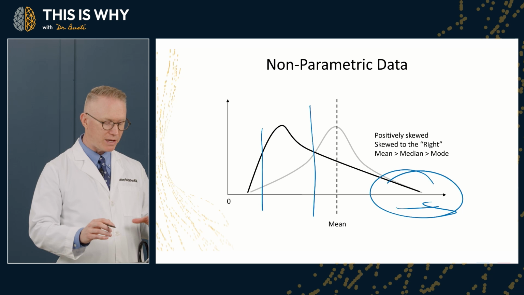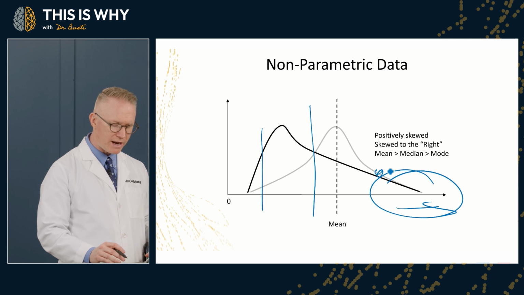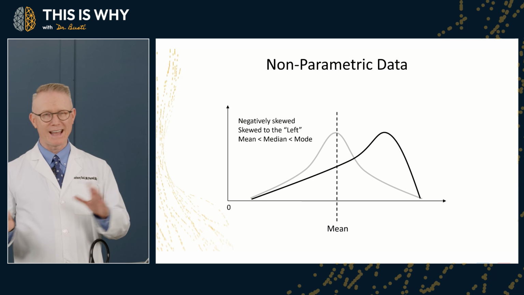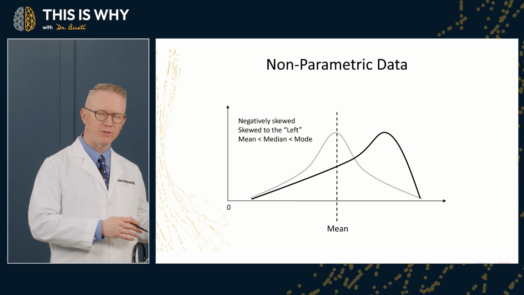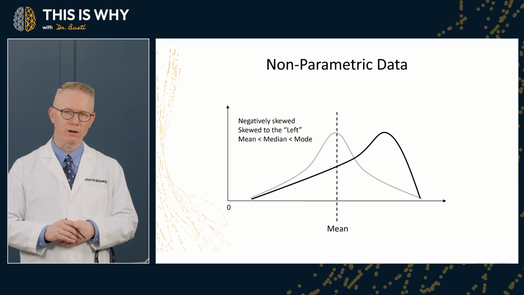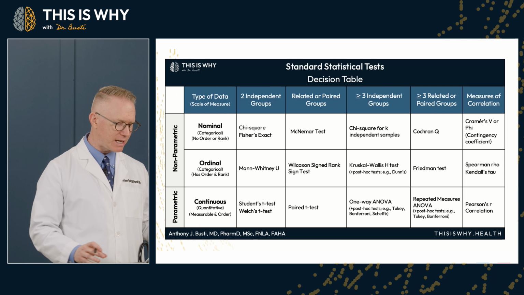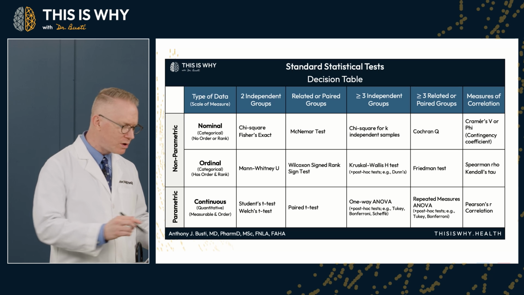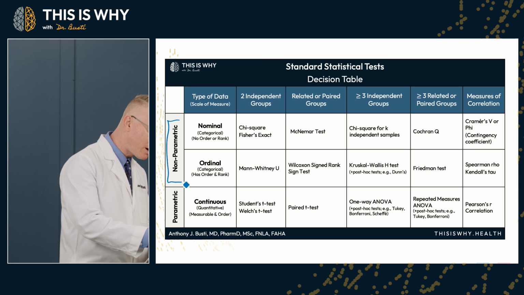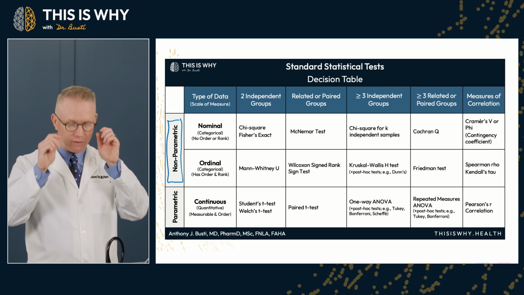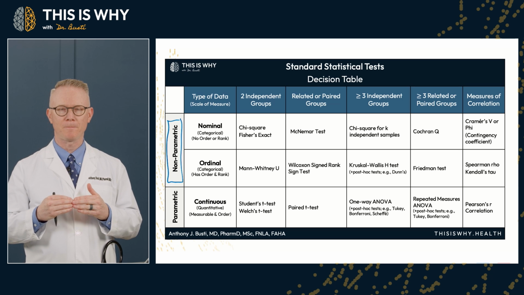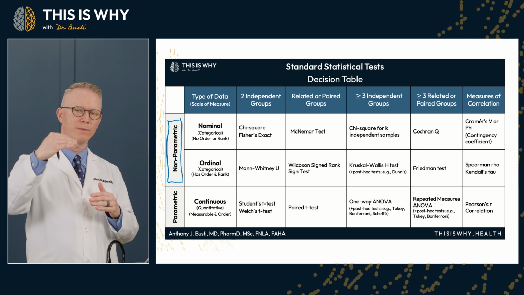And so the mean, something is skewing it. There's some sort of outliers in the data. Whereas negatively skewed or skewed to the left, the mean is going to be smaller than the median. And that's really important as you assess your data because, again, it's orienting you to this particular bucket. Now, again, that would even apply to continuous data that no longer meets those assumptions.